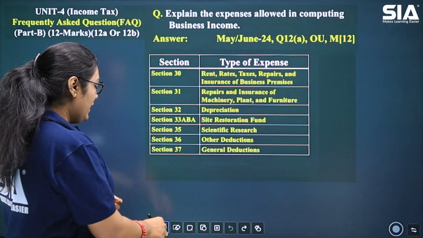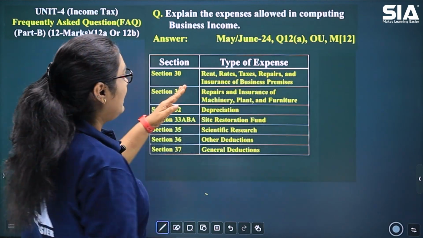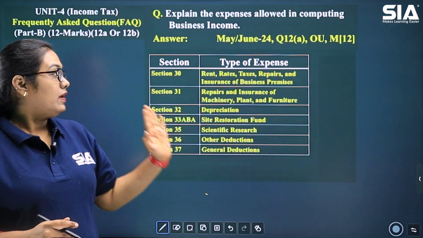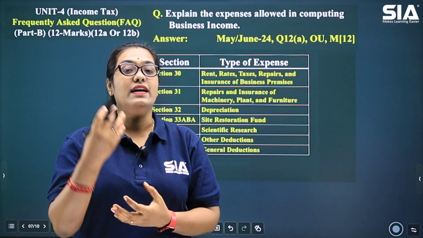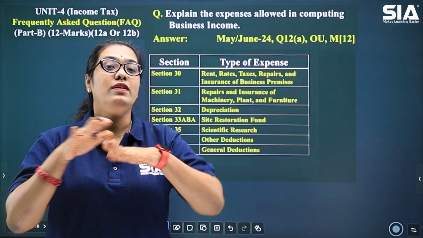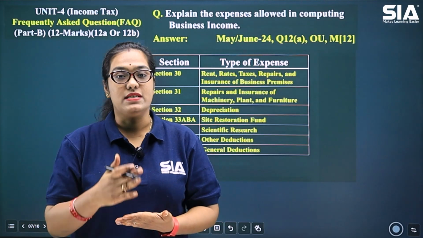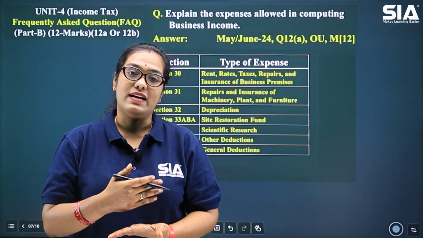So it could be rent of a building or any kind of taxes that are paid. Then if a person has done any repair and is incurring an expense for the repair of that building where the business is run, that is also allowed as a deduction.